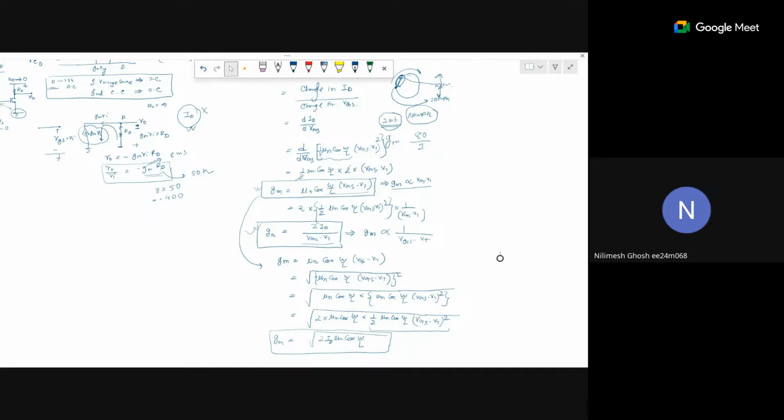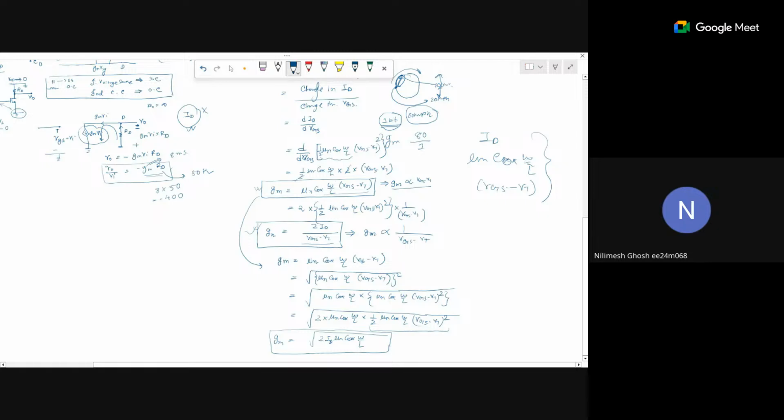So the thing is, 3 parameters are there: ID, mu n Cox W by L, and VGS minus VT. Any 2 of these should be given. If all 3 are given, you have full access.